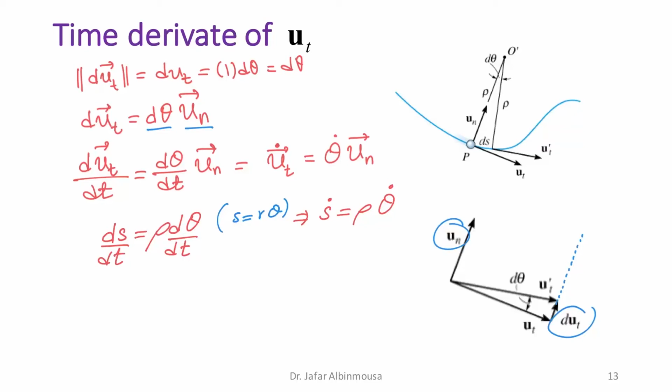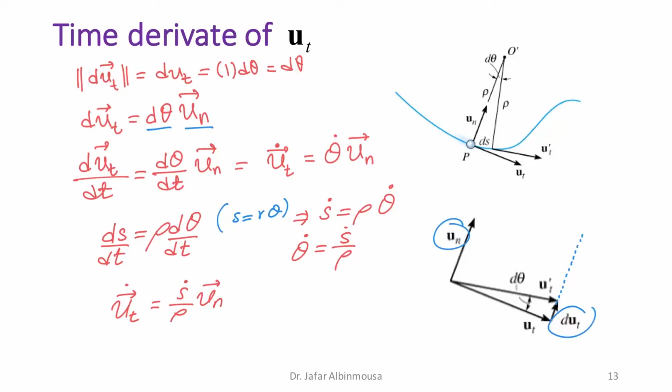So now I can say that theta dot is equal to S dot over rho. And then ut dot is equal to S dot over rho multiplied by un. There I am getting rid of theta dot.